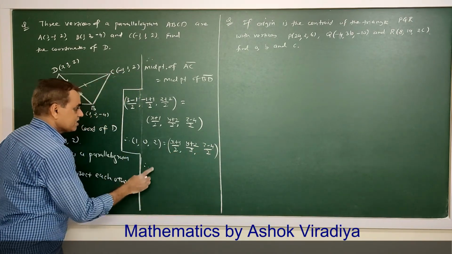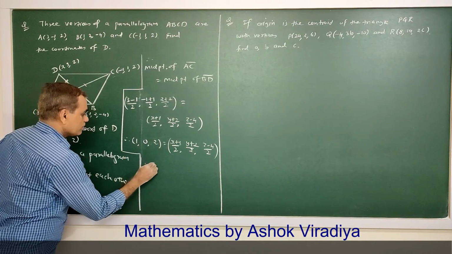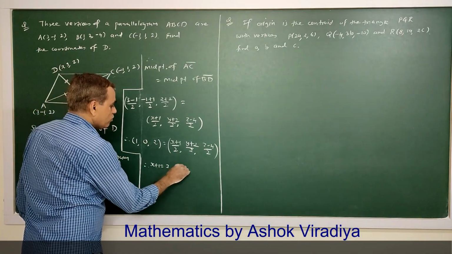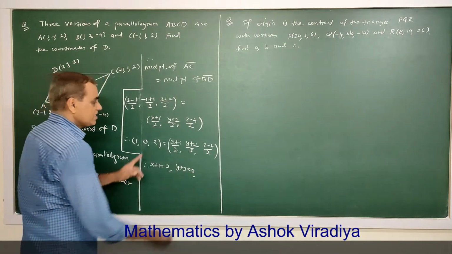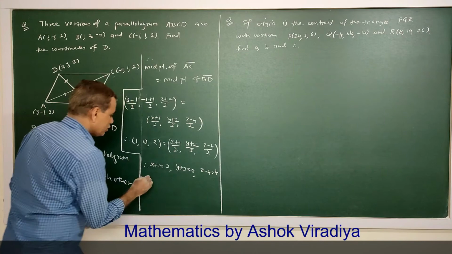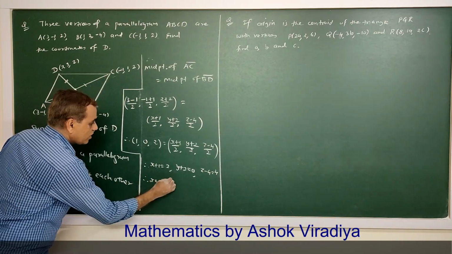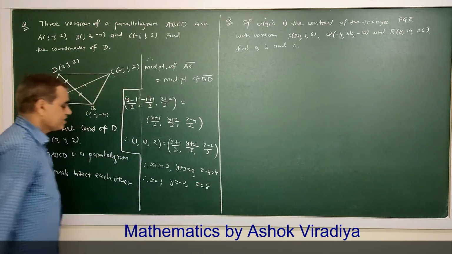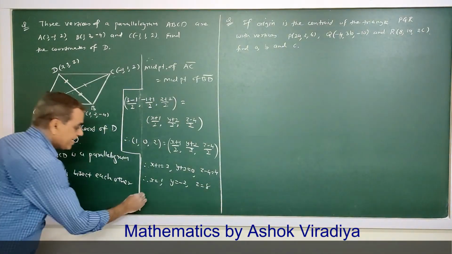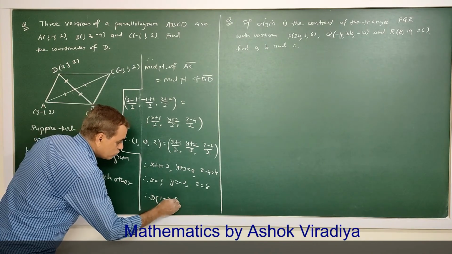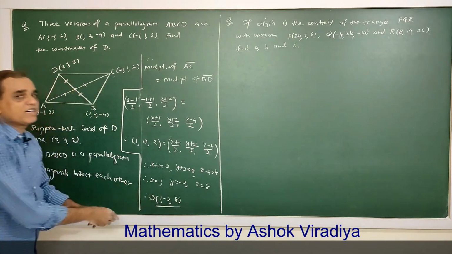So this means x plus 1 is 2, y plus 2 is 0, z minus 4 is 2 into 2, 4. So therefore x is 1, y is minus 2, z is 8. So coordinates of D are 1, minus 2, 8. So this is the fourth vertex.